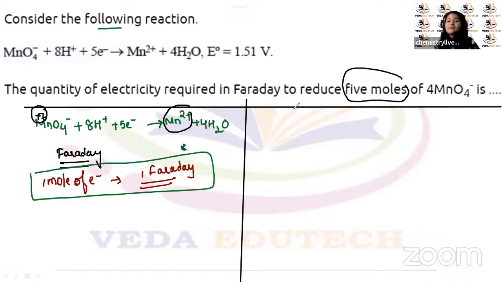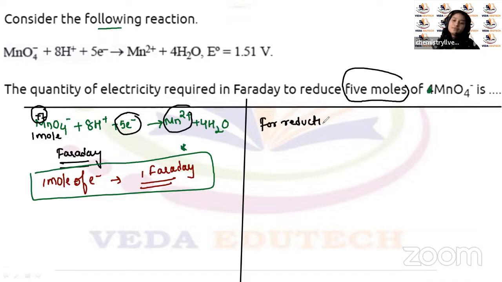Now we are talking about 5 moles of MnO4 minus. If we look at the question, 1 mole of MnO4 minus is being reduced. So can we see that for the reduction of 1 mole of MnO4 minus, we require 5 moles of electrons, right?